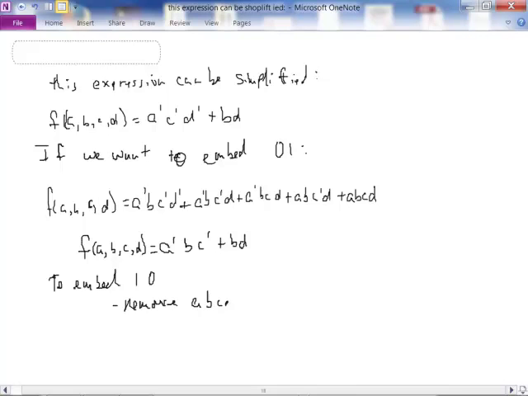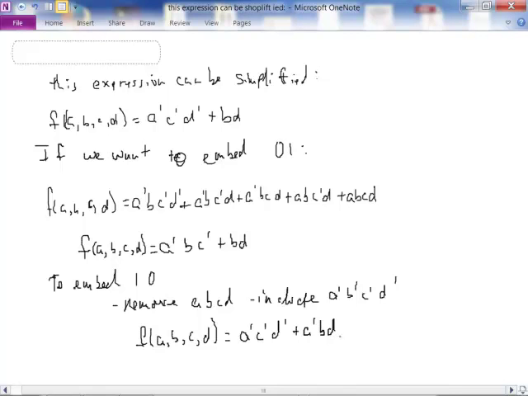We include A naught, B naught, C naught, D naught, and if we did that, we would end up with a simplified expression A naught, C naught, D naught, or A naught, B, D, or B, C naught, D.